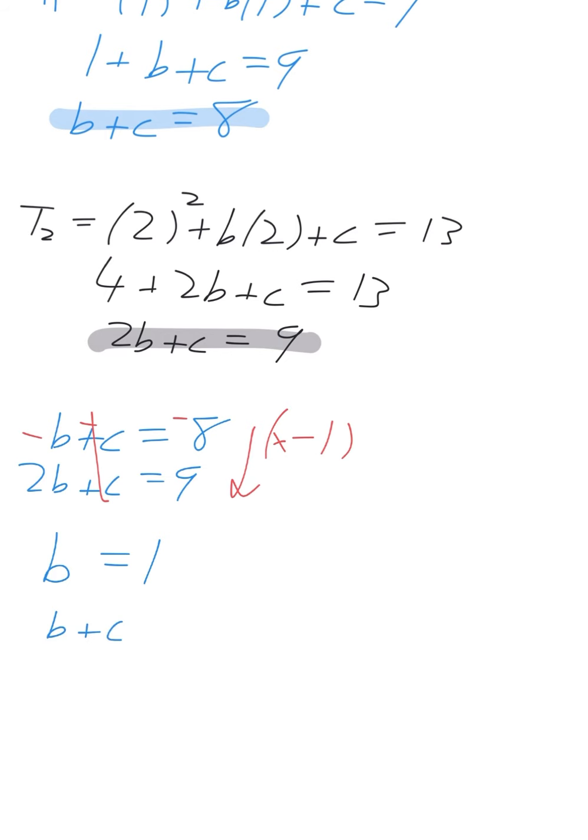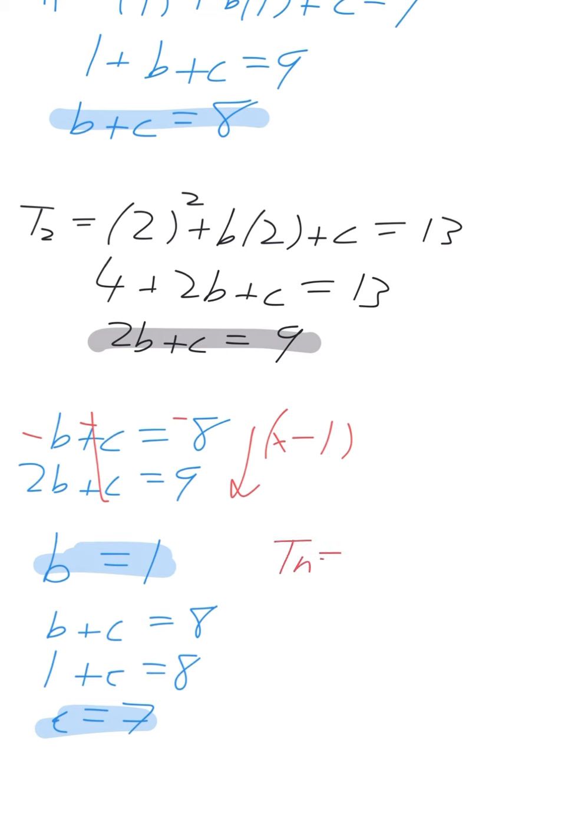Okay, so let's sub that now into an original. So I'm putting it into b plus c equals 8. So it'll be 1 plus c equals 8. So c equals 7. So my two answers are b is 1, c is 7. Okay, so I'm just going to put that now into the original formula.